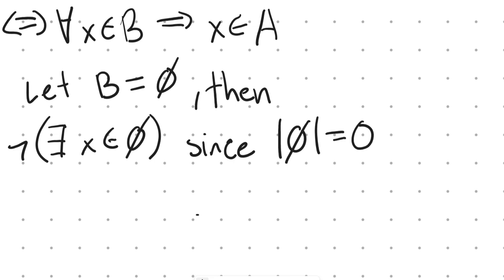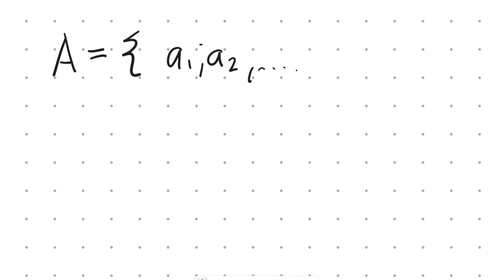And that is why there is no way that anything can be inside the empty set. Now, if anything could be inside the empty set, then we could not say that the empty set is a subset of A. But since there's nothing, and since A is a set of numbers or anything, let's just call it A1, A2, and so on.